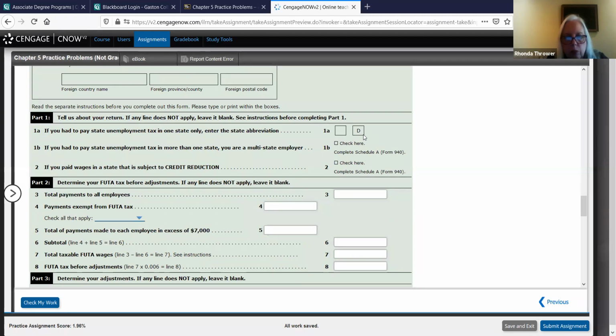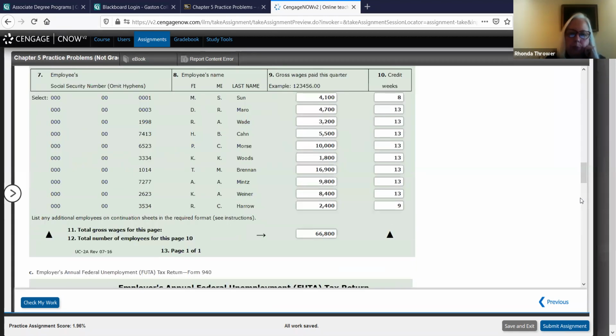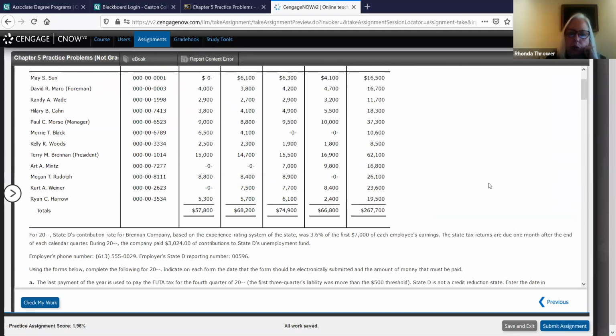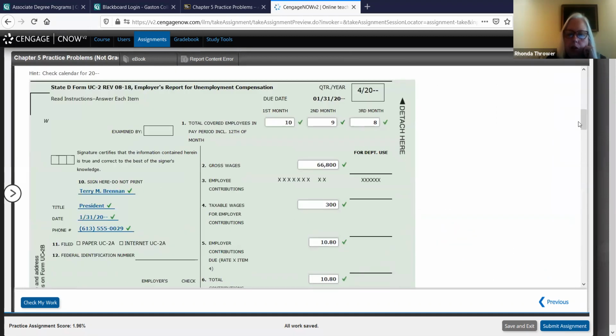And they've already typed in for you what you needed in part 1. This was from state D. What they want you to put in is the total payments to all employees. Now, this is for the entire year. And for the entire year, the amount was given at $267,700.